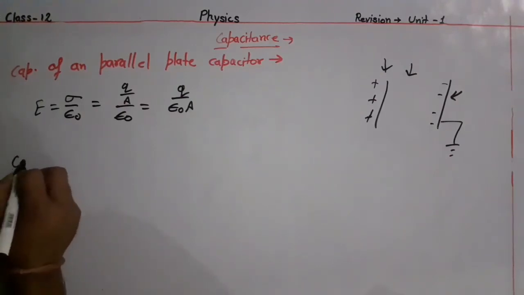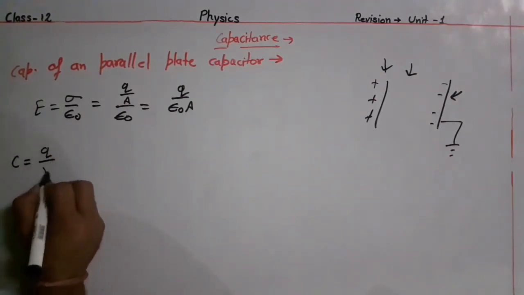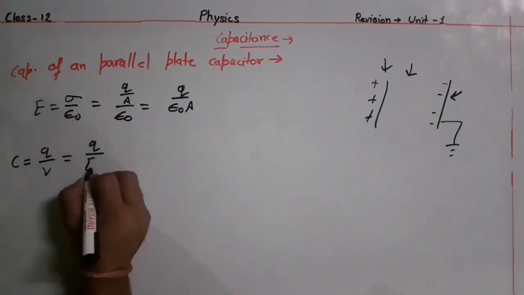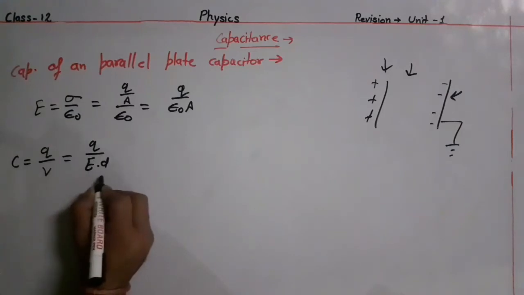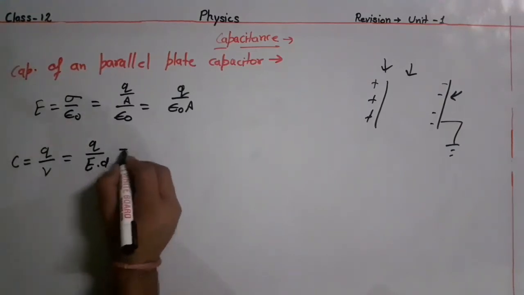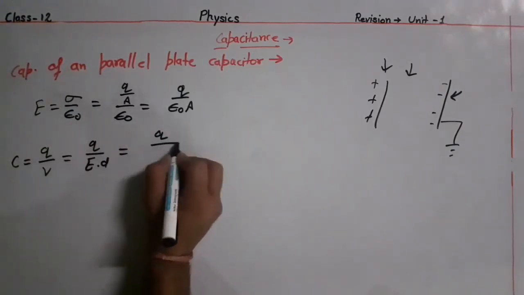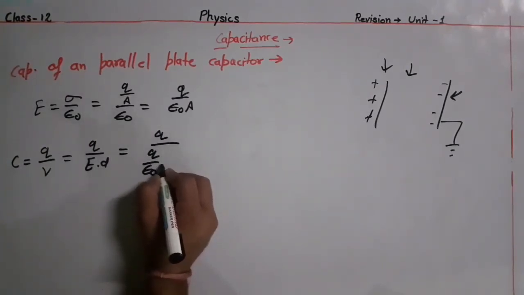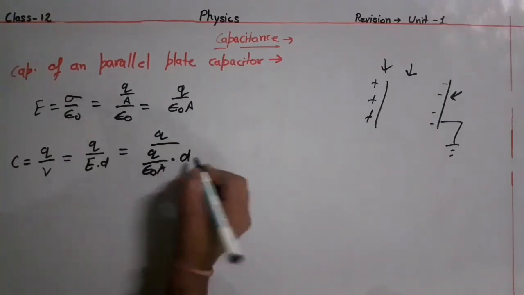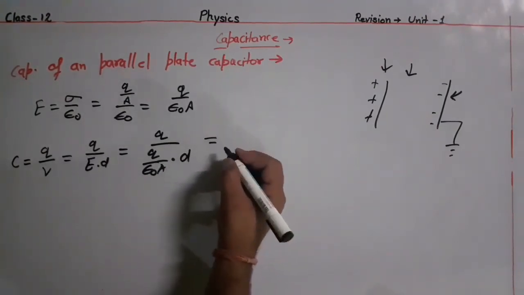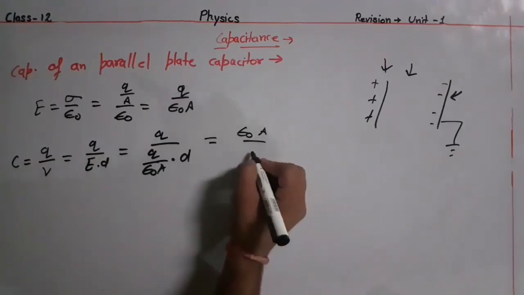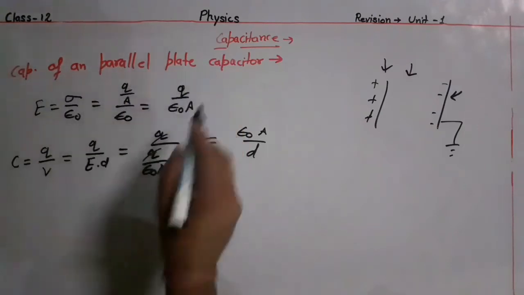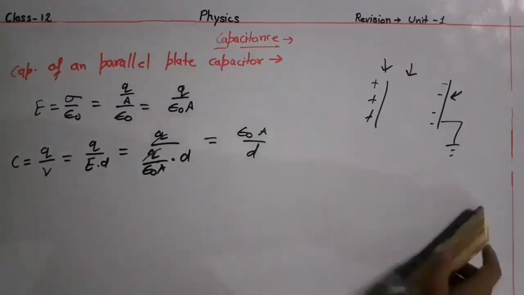But we have to find C, capacitance, and capacitance is equal to Q by V. The relation between V and E is V is equal to E into D. Putting the value of E, we get Q by epsilon naught A into D. Q and Q cancel out, and we get epsilon naught A by D. This is our relation for the capacitance of a parallel plate capacitor.